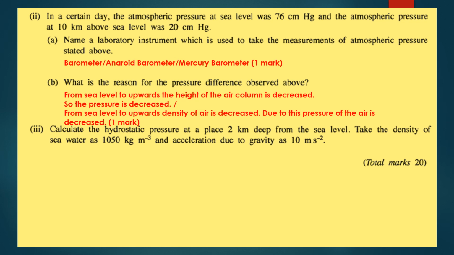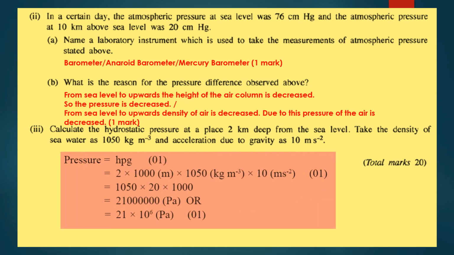Part 3. Calculate the hydrostatic pressure at a place 2 kilometers deep from the sea level. Take the density of seawater as 1050 kilograms per cubic meter and acceleration due to gravity as 10 meters per square second. Then you can apply pressure equals h rho g, height into density into gravitational acceleration.